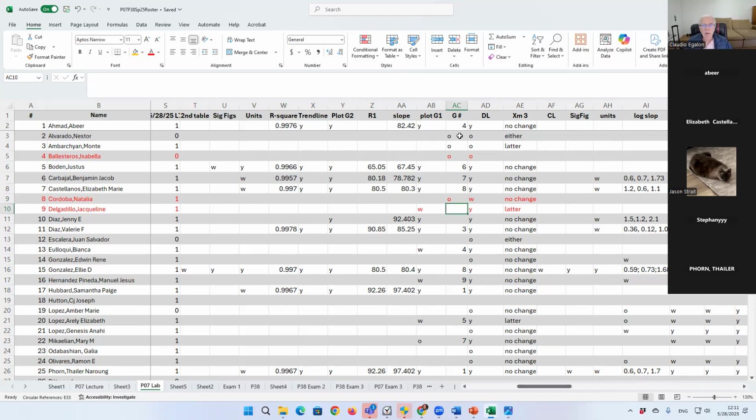Okay, what's your group number, Jacqueline? Group number 1. Okay. Did you finish graph 1? You got the slope 97.6 and R1 is 92.3. That's good. 5% difference, a little bit more than 5, right?